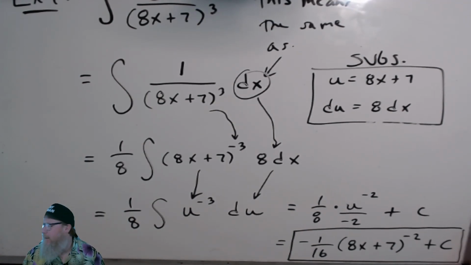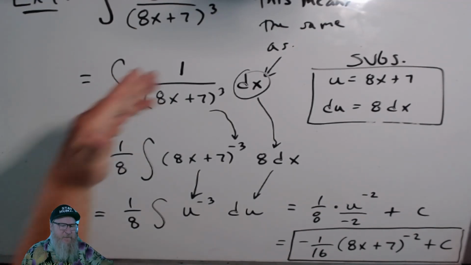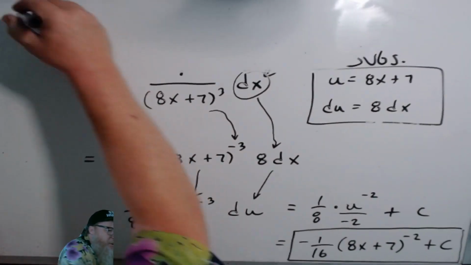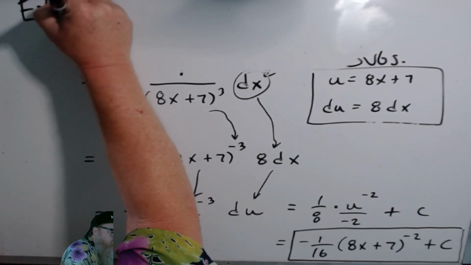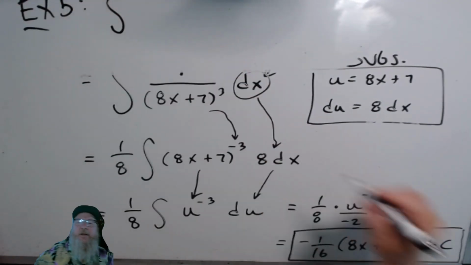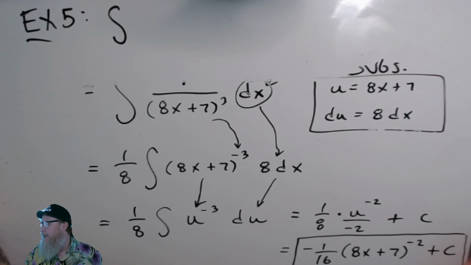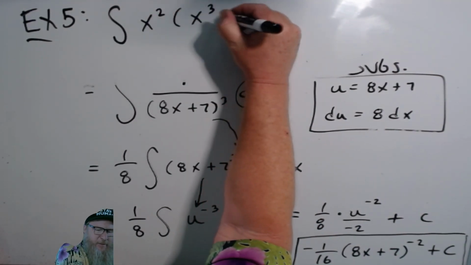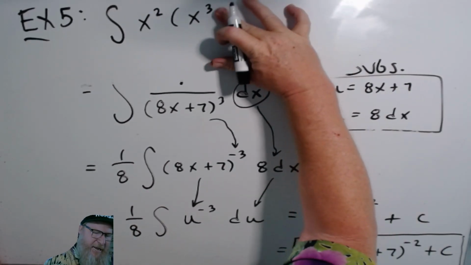All right, we're really cooking now. Let's kick up the volume a little bit and have some larger powers, some more complicated expressions, some things you might see on a test.